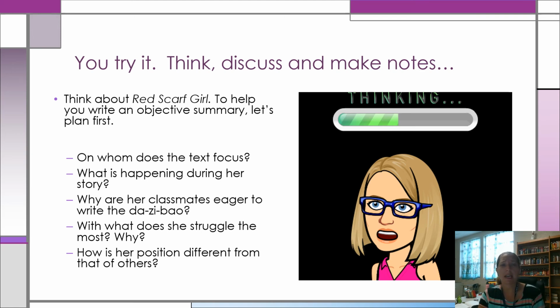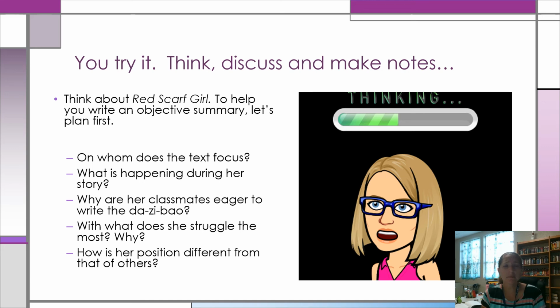On whom does the text focus? Okay, this is going to help you plan that paragraph out. Make some notes on a piece of notebook paper. On whom does this whole scene focus? What's happening during that scene? What's happening during the story? Make some notes about why her classmates are so eager to write that dazibao.